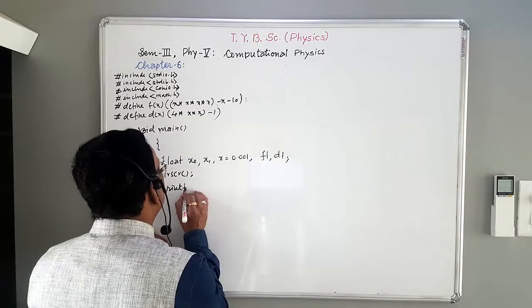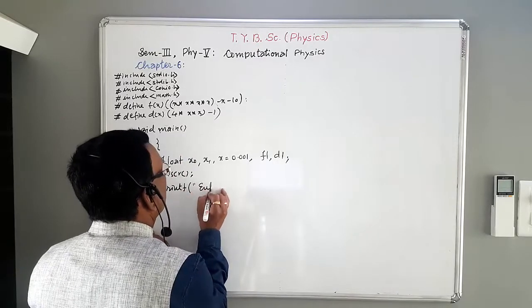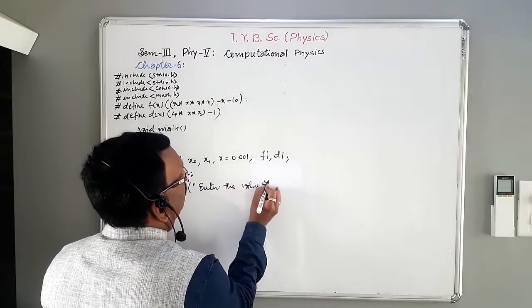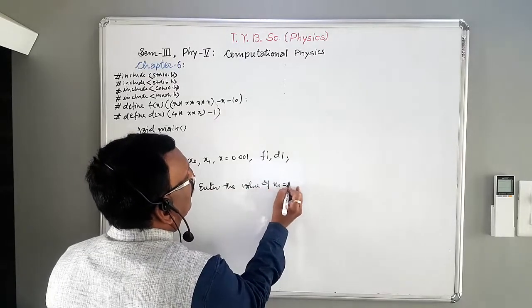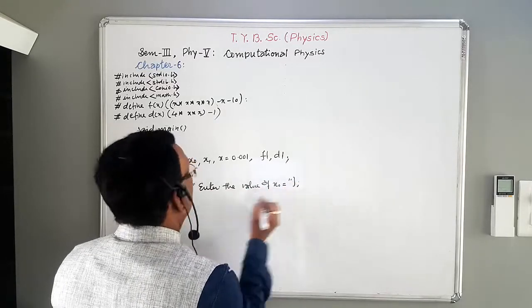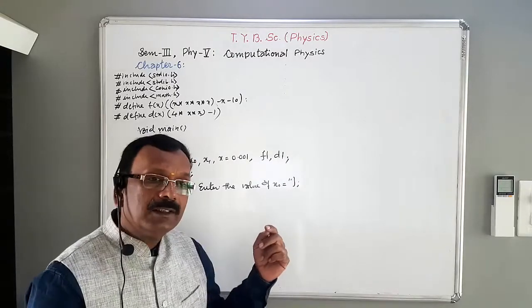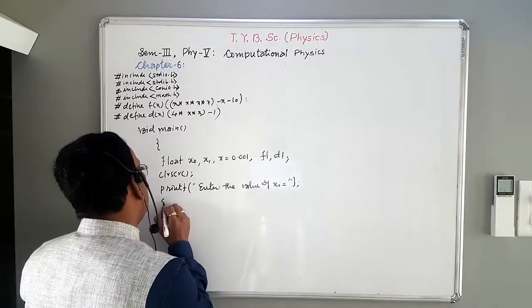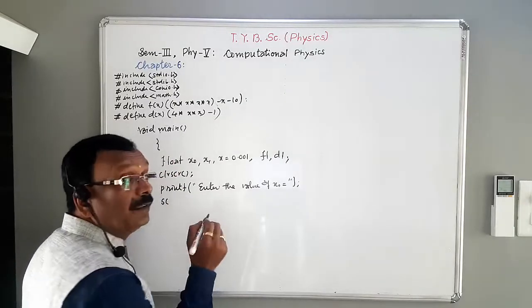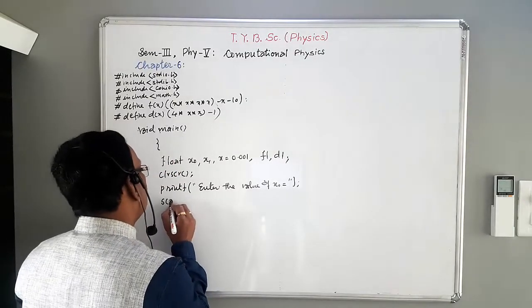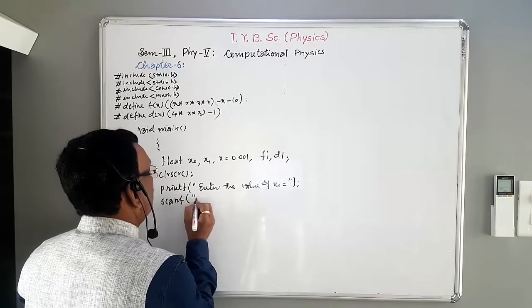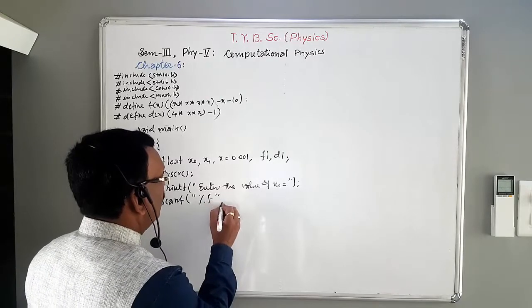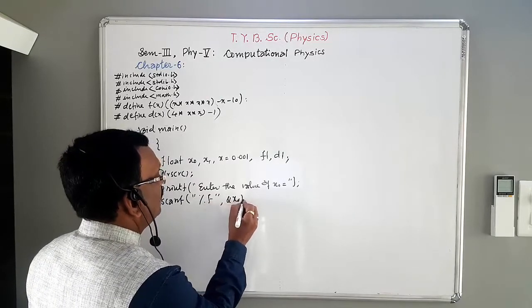So printf function is used: enter the value of x0. That value which is provided by the user to the computer through keyboard should be read by the computer through the function scanf, %f, because the variable is floating type, then ampersand x0.